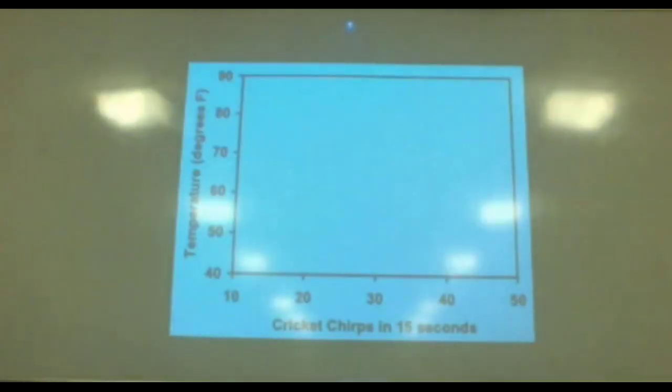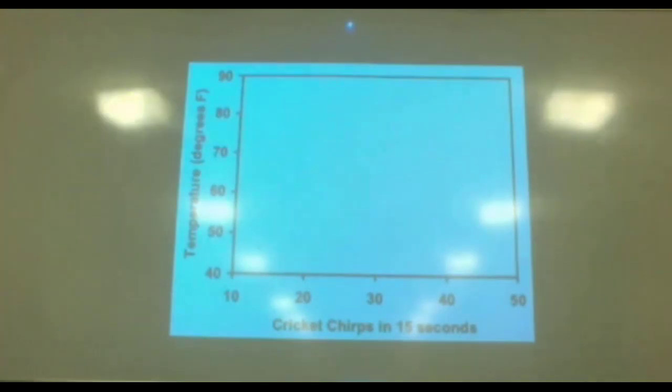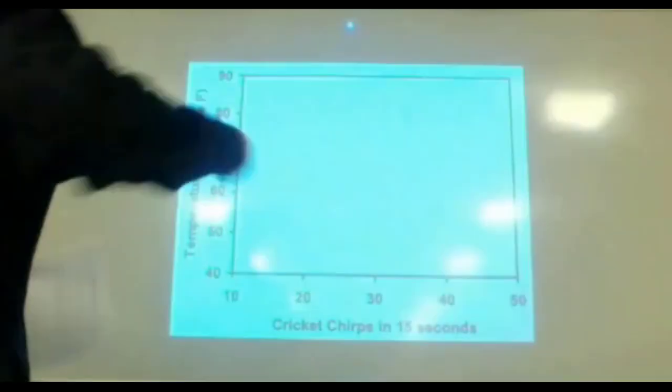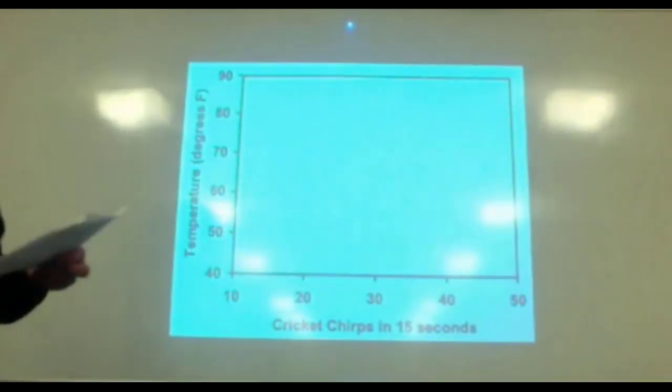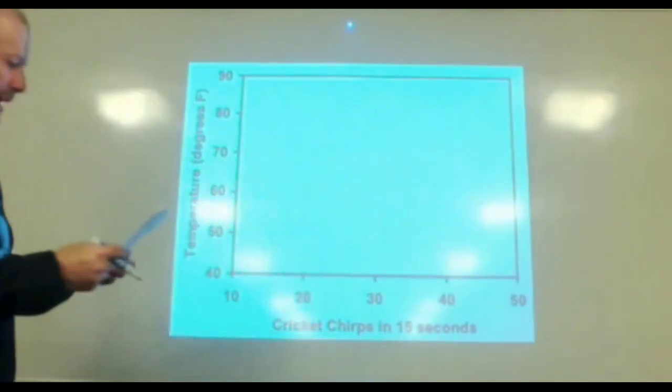I don't have that, so let me grab one of these papers so that we can go through this. And you can go along too as we're working through this here. There we go. All right, so our first point is going to be 44 chirps, which is the 44 on the bottom. So 44 and 80.5.